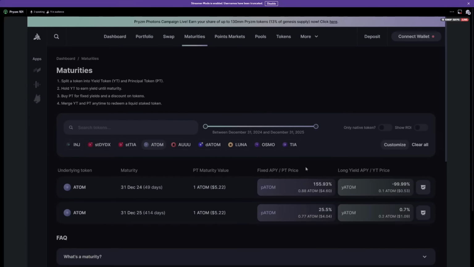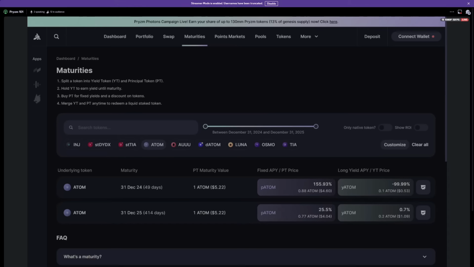So that's the decision people should make if they're looking to make the biggest return possible on their ATOM: are the airdrops that I'm going to receive worth more than 13.5% ROI in 49 days, or an annualized yield of 156%? That's what I'd say on that.